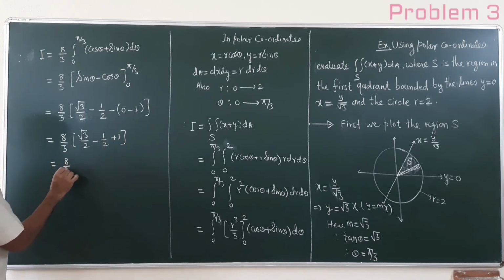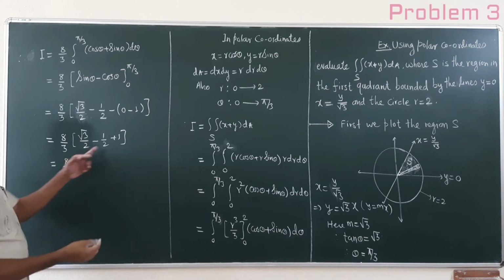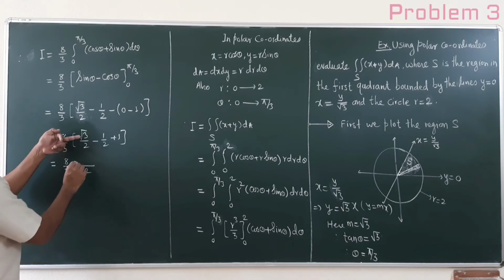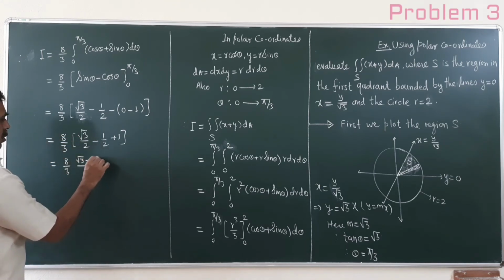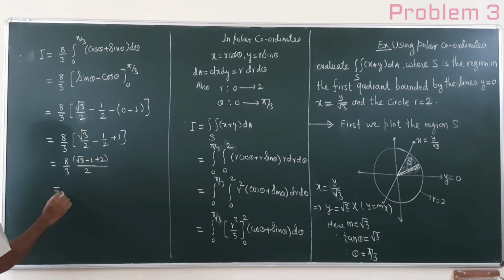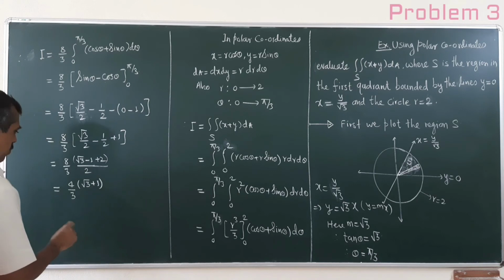So this is 8 by 3. Now take 2 as LCM, 2. So root 3 minus 1 plus 2. So this is 4 by 3 into root 3 plus 1.